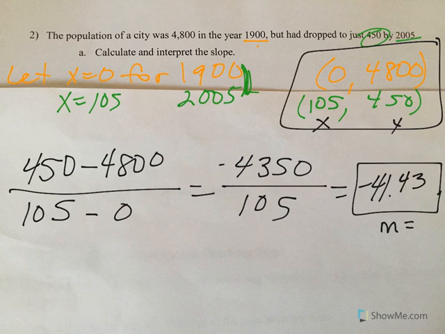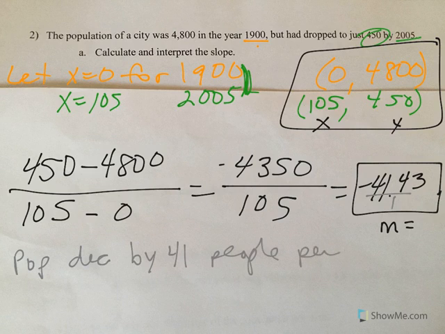Interpretation: if I put that over 1, the top number is the y values, and y represents population. So the population decreased by 41 people per year since 1900. I know it's per year because the bottom number is a 1, and I started in 1900. Recall, this is moving forward.